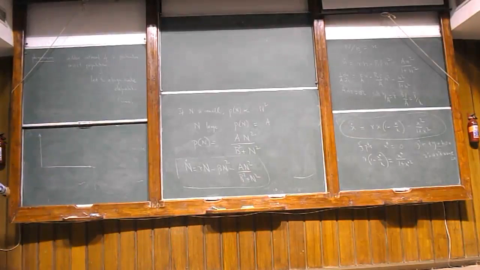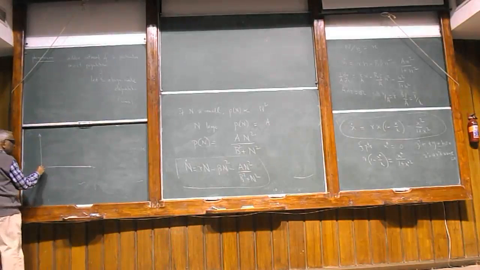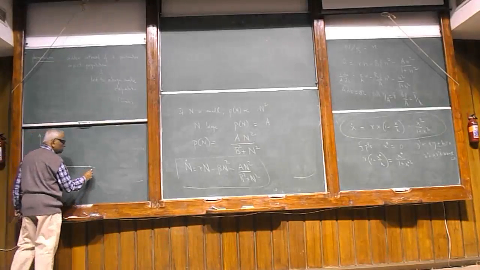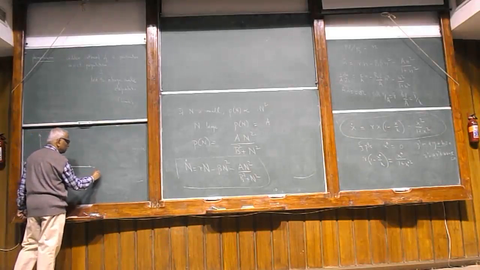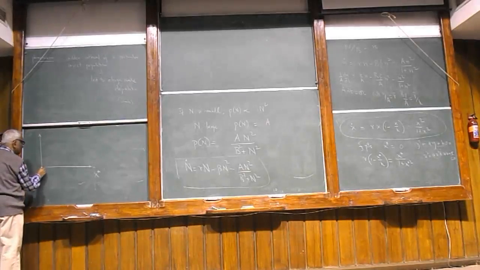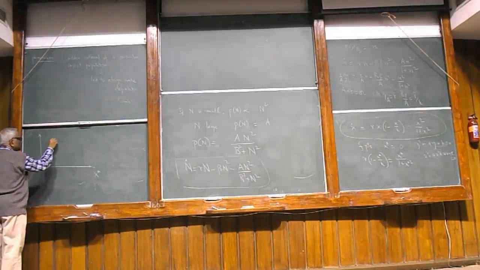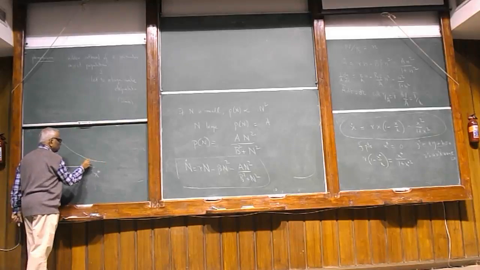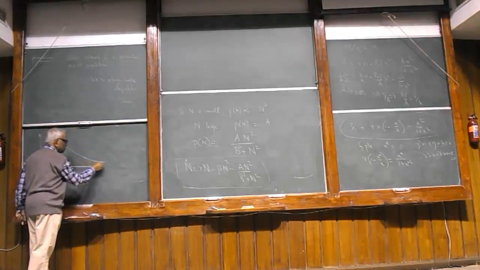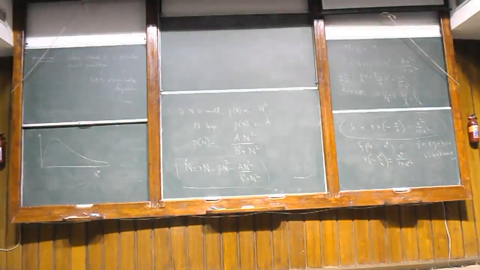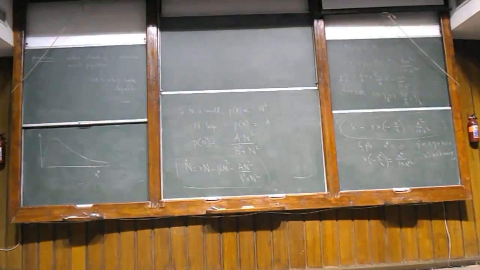That is going to rise linearly, go up, and then drop to 0, something like this, a slow drop to 0 as 1 over x.